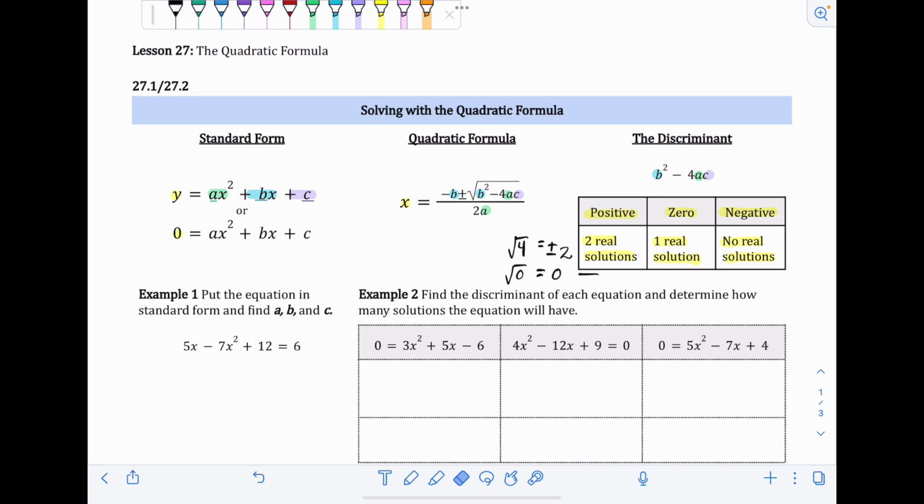So that's why those different outcomes for the discriminant end up having those different quantities of solutions. But just keep in mind, if you are ever asked a problem that asks you how many solutions there are, but you don't necessarily have to solve, then you can just use the discriminant. You don't have to use the entire quadratic formula.